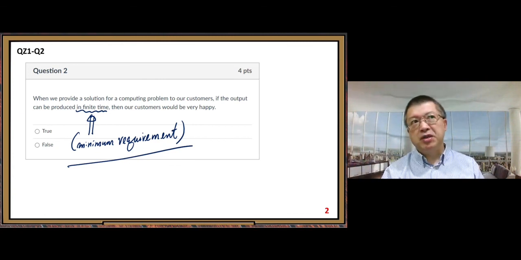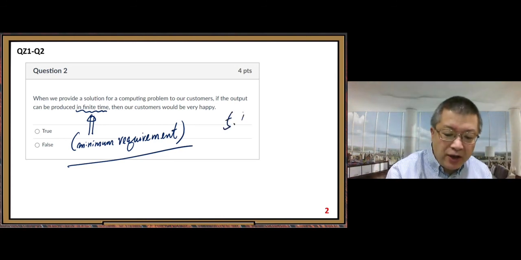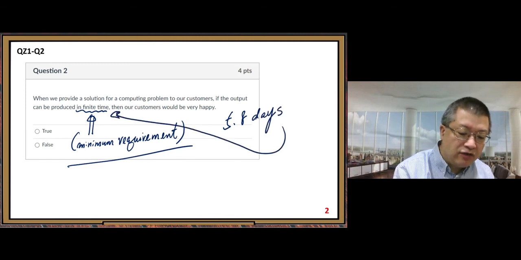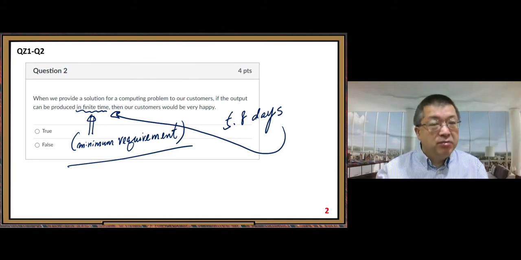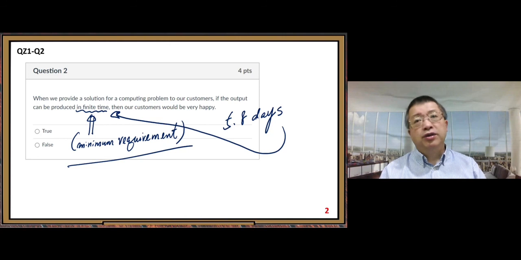So think about that example. If you deliver that solution to your customers, because 5.8 days still satisfies the minimum requirement, right? Finite time. But do you think your customers will be very happy on that? No. 5.8 days. Useless. Worthless. Your solution is worthless.